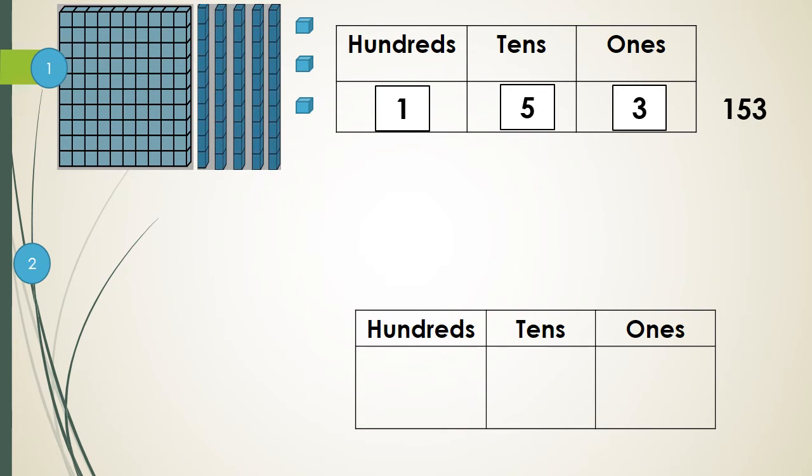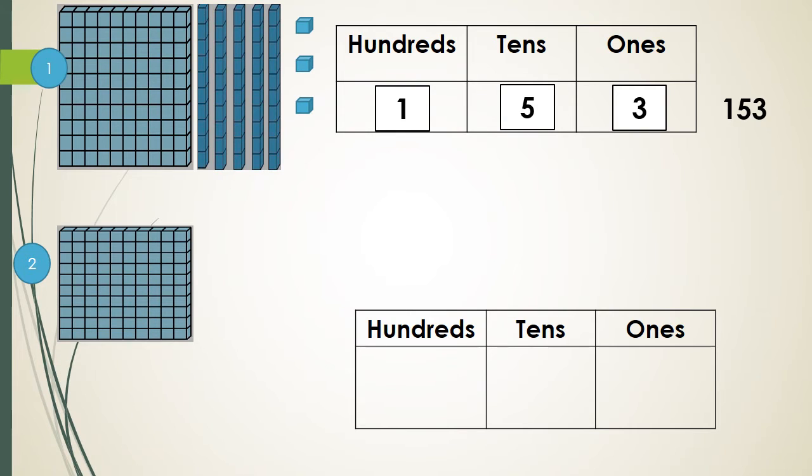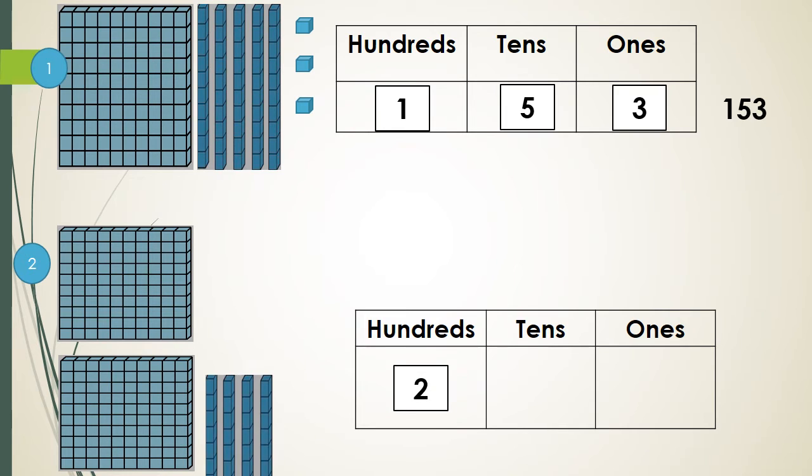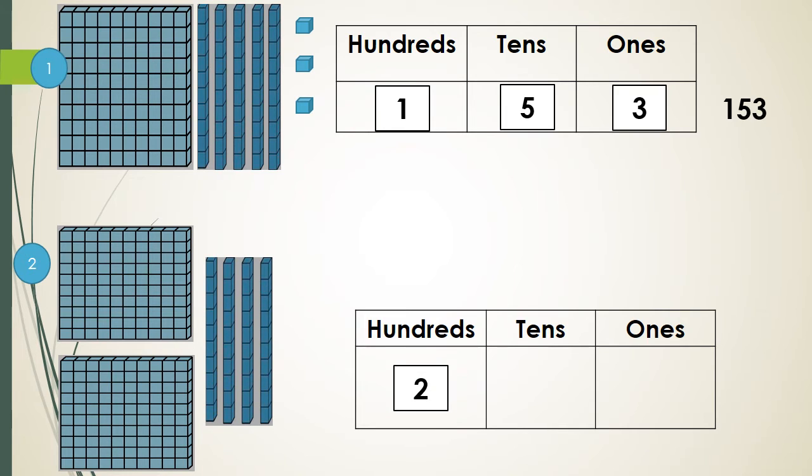In number 2, I have 100, 200. How many hundreds? 2. And I have 4 tens. How many tens? 4.